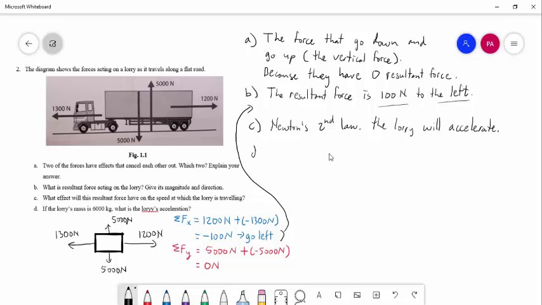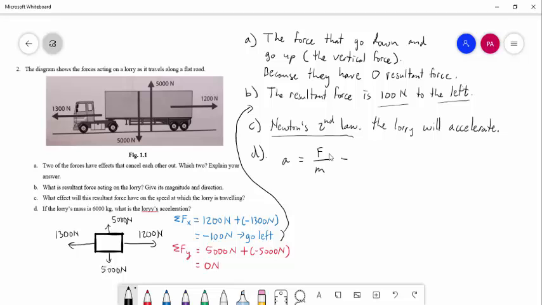D. If the lorry's mass is 6,000 kg, what is the lorry's acceleration? Just like Newton's second law, acceleration is force divided by mass.